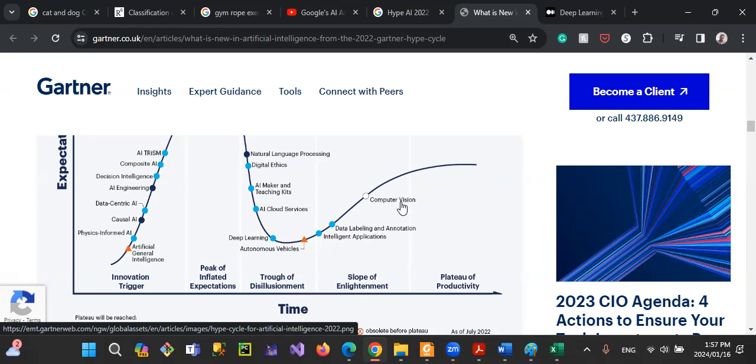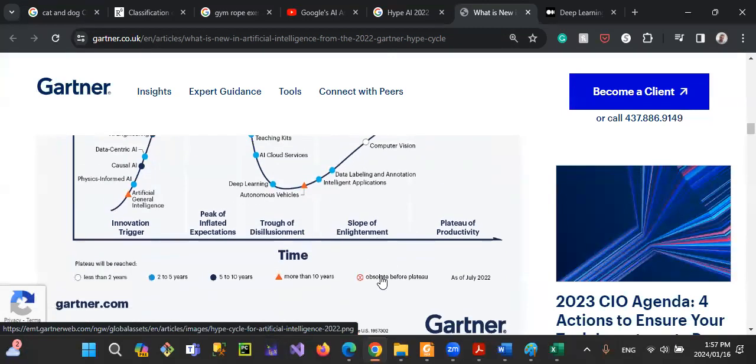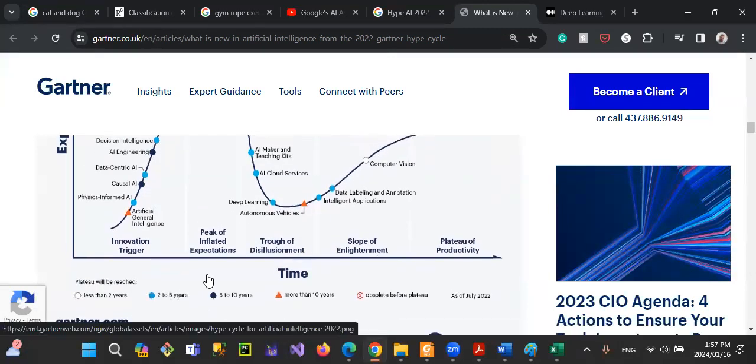From what I think, of what I see in the chart, from deep learning, if you see the legend down here, it says that in maybe around 2 to 5 years, we will reach a plateau of productivity.